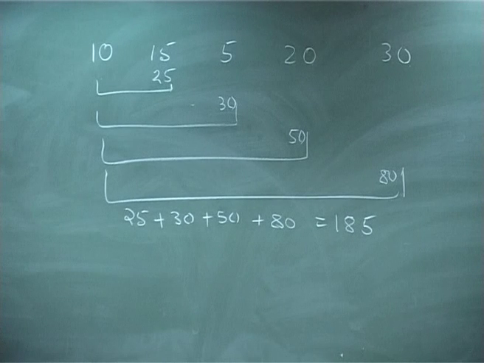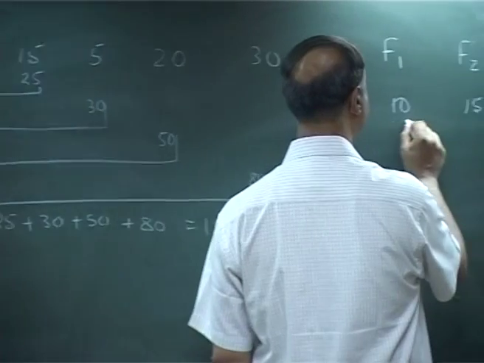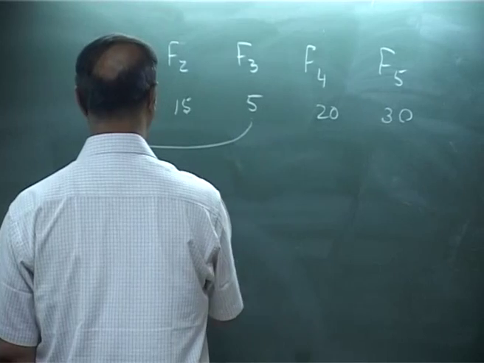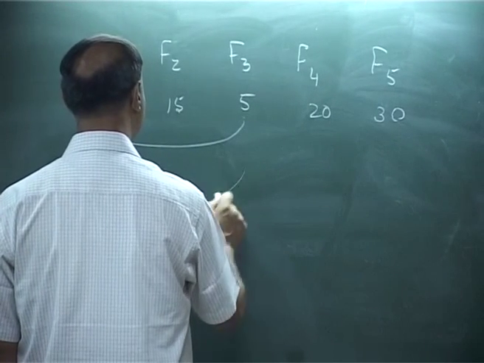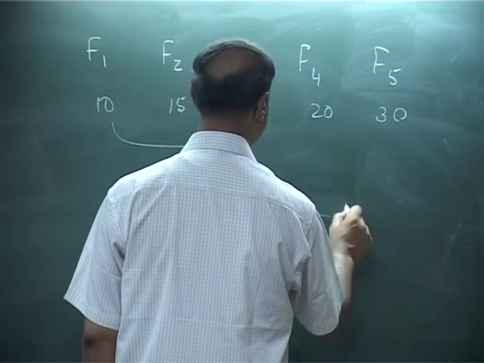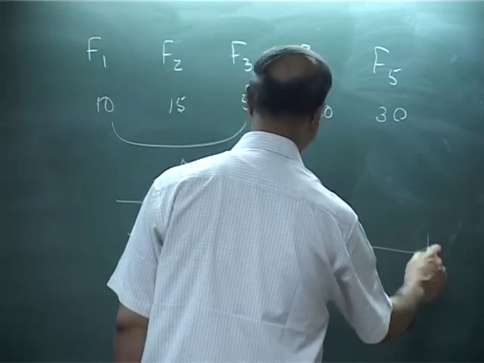Now what happens if I first merge these two, then that merged file is merged with this one, then the whole thing is merged with this one, and finally with this one.